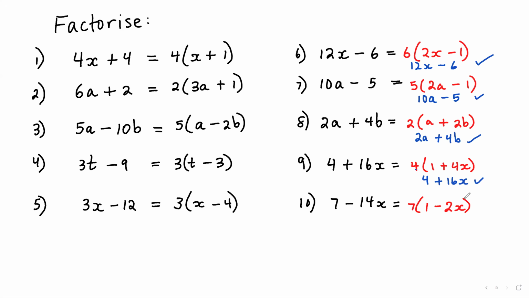Right? And now to expand the brackets to check if my answer is correct, I say 7 times 1, which is 7, and 7 times minus 2x is minus 14x. All right, so I hope that makes sense for you guys.